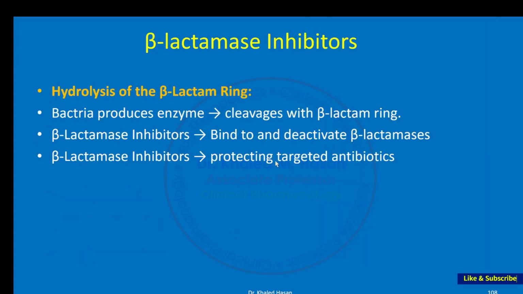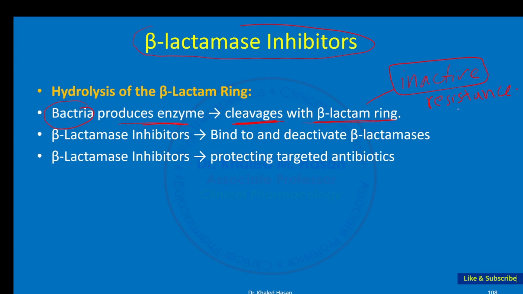As you can see here, what is the purpose of this group of medication? Some bacteria produce an enzyme. This enzyme cleaves the beta-lactam ring and makes the antibiotic inactive, so the bacteria become resistant towards the antibiotic.